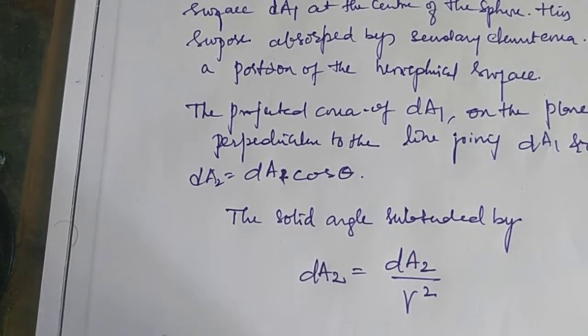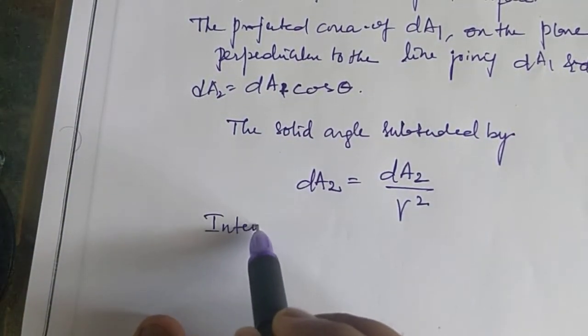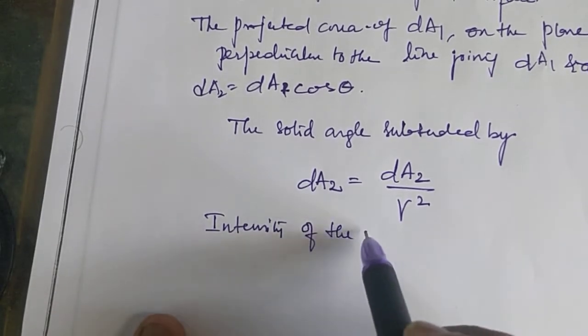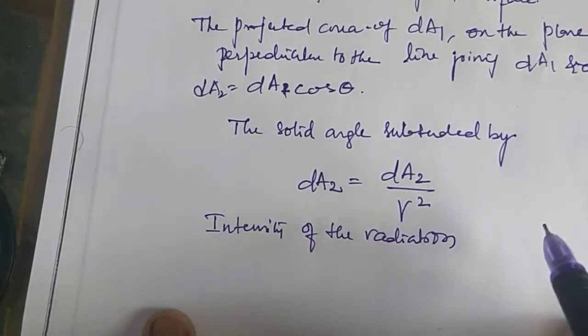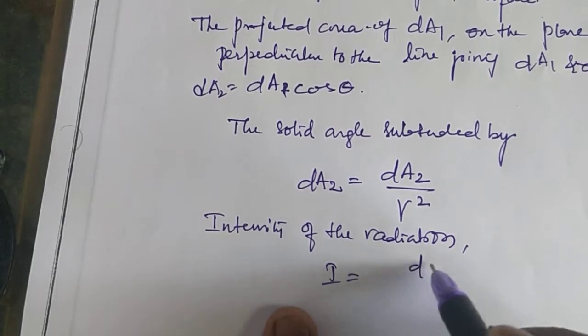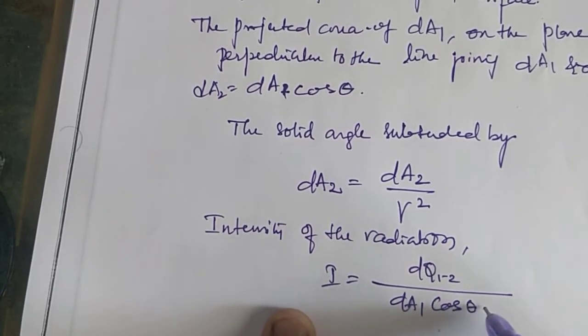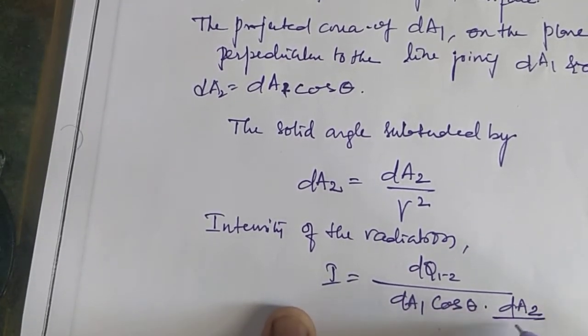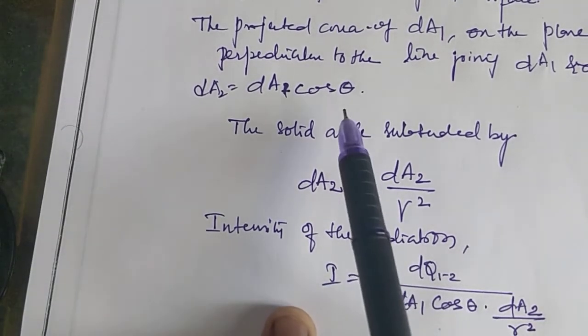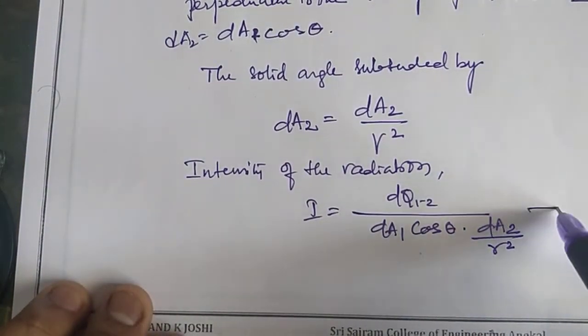The intensity of the radiation, that is I, is equal to dq12 divided by dA1 cos theta times dA2 by r square. Consider this as equation 1.